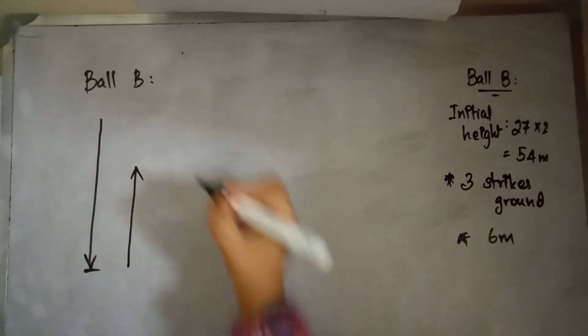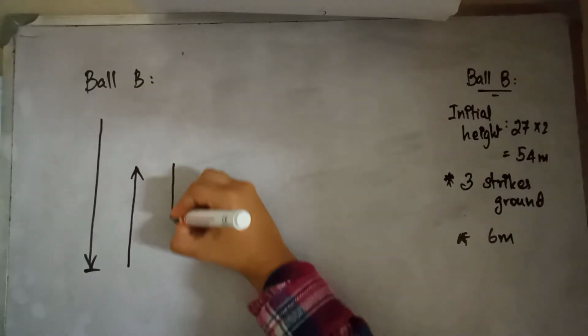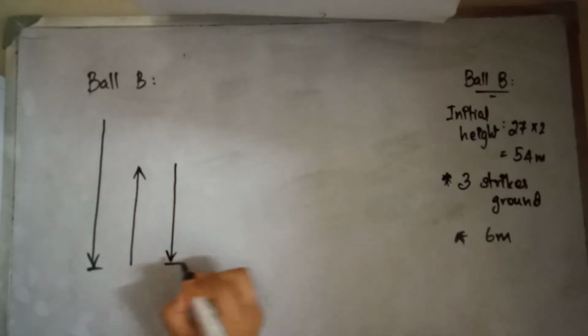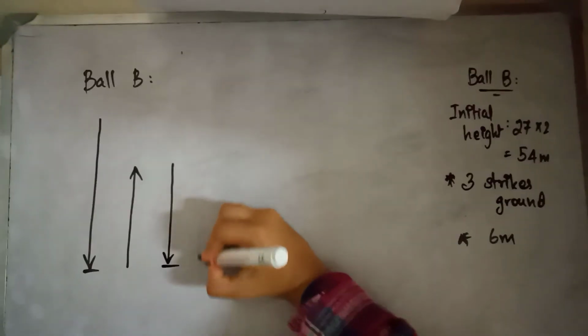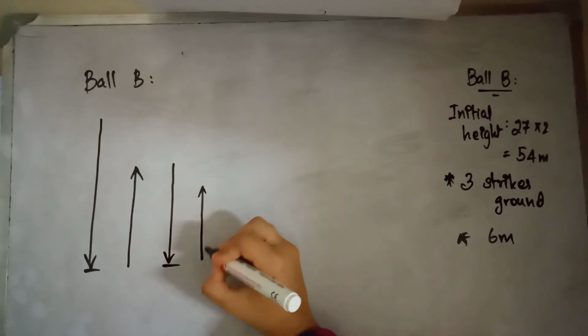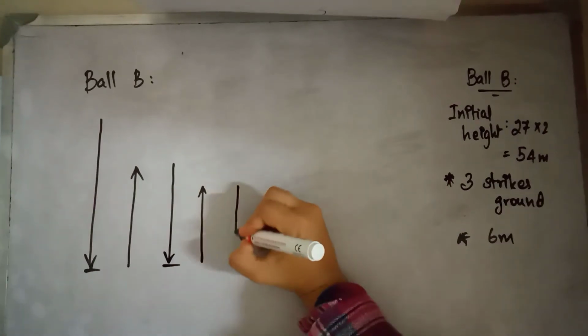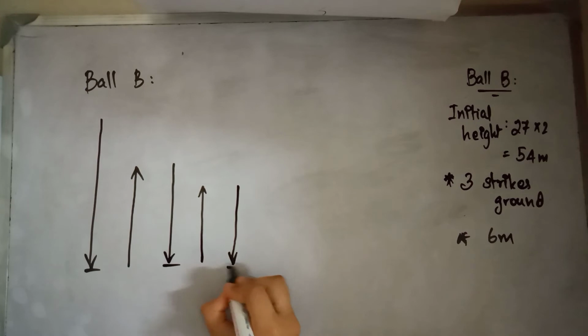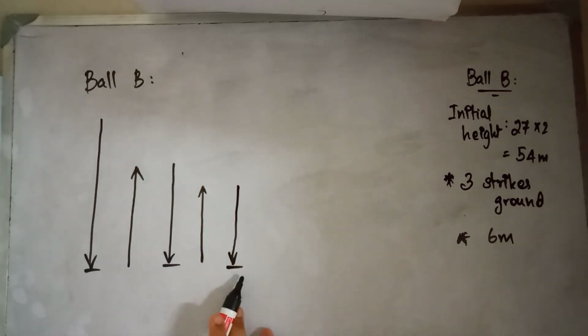It goes up by a certain height. It comes down again. This is the second time of striking the ground. It goes up by a certain height and it comes down again. So these are 3 times of striking the ground.